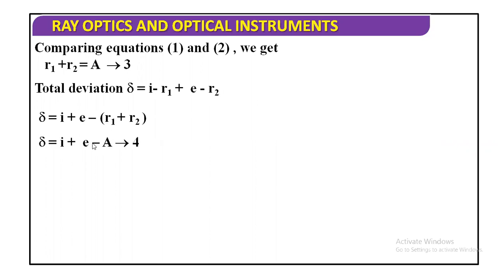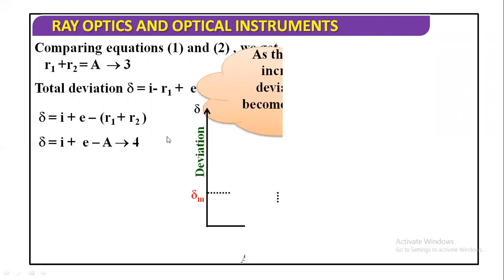So for the final equation for the deviation, we have delta is equal to I plus E minus A. This is our equation number 4, where delta is called the deviation, I is called the angle of incidence, E is called the angle of emergence, and A is called the angle of prism. This is a very important formula which makes a relation between angle of prism and angle of deviation.